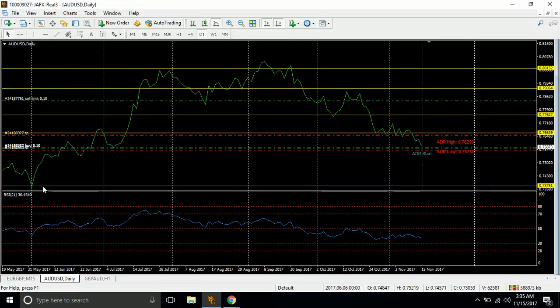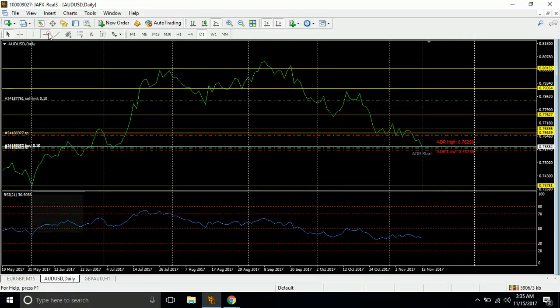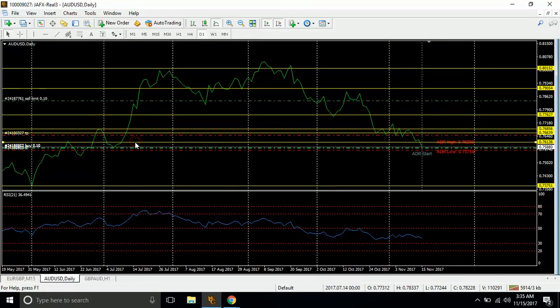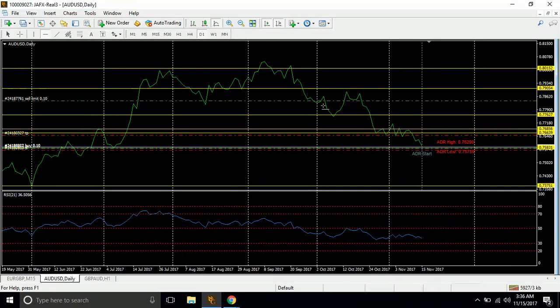Let's do 5. Here we have the high of this period. The low of this period's already checked off. We have the low of this period. I'm not even going to worry about up here because I can clearly see it's in a downtrend.